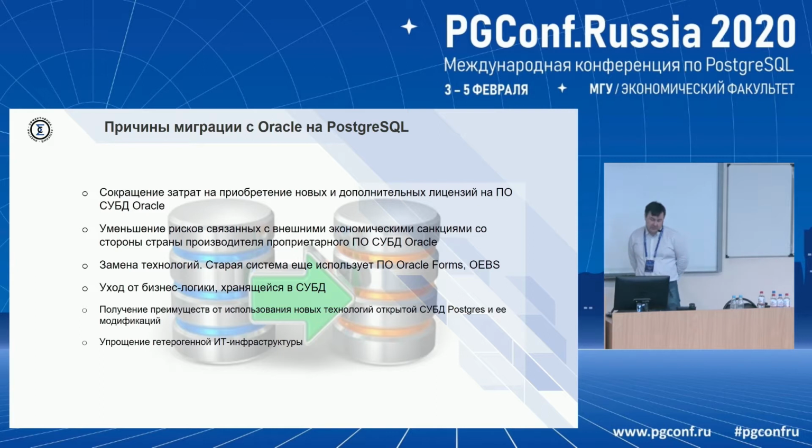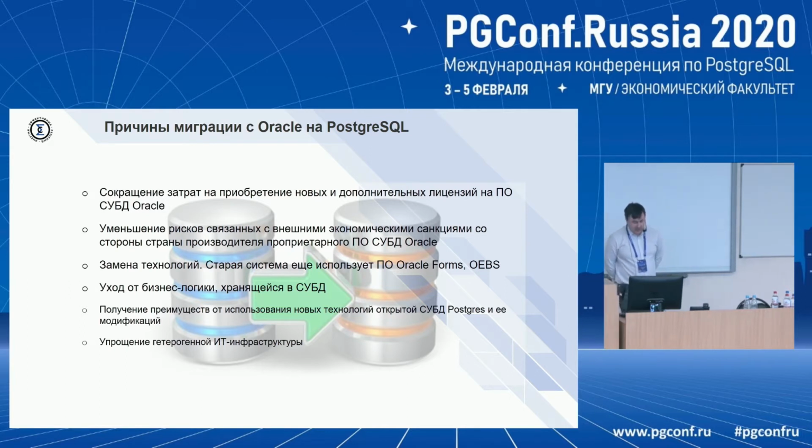For example, in this OEBS database, we found stored procedures that were written in 2002, 2003, and it was really branched out, a lot of business logic code inside this database. And if you get in there and try to read something, it's highly unlikely that you're going to understand anything.